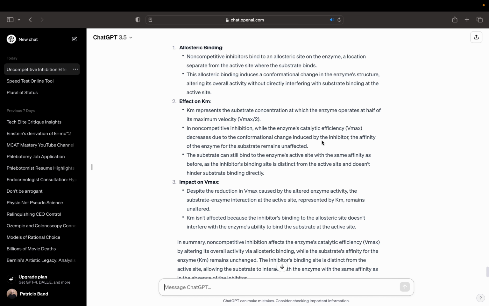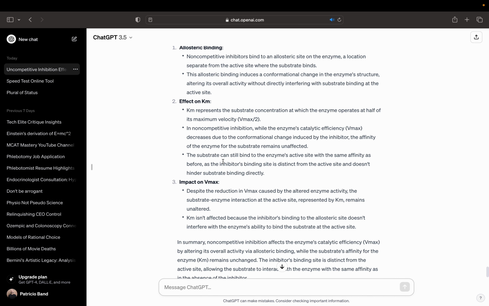The affinity of the enzyme for substrate remains unaffected because, when the inhibitor attaches to the free enzyme, doesn't it affect the shape before the substrate attaches? Apparently not, right?